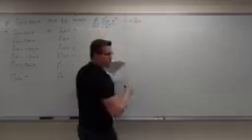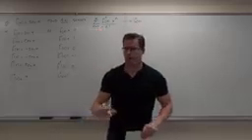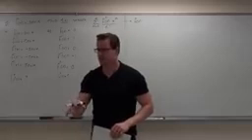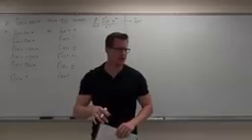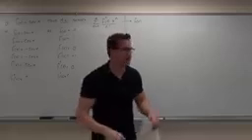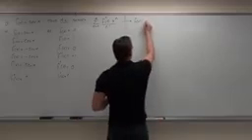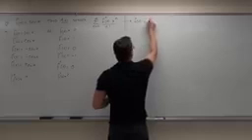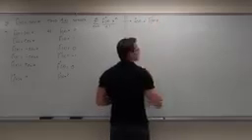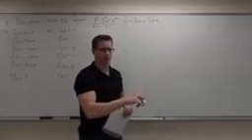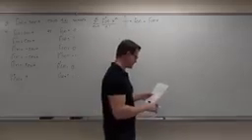Remember doing this the first day we did our Maclaurin or Taylor series? You'd start off with f of 0. Taylor would be f of c, no problem. Then we add the first derivative at 0 times x to the first, all over 1 factorial.